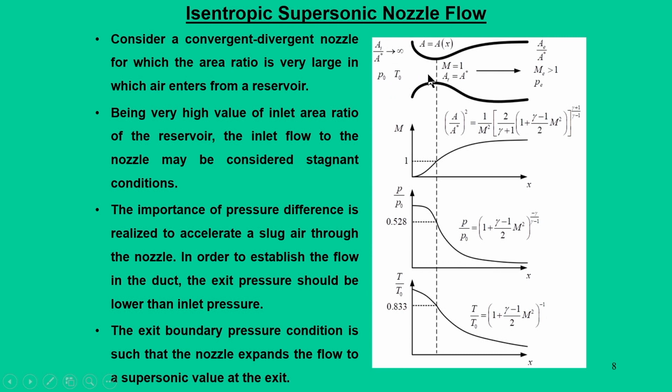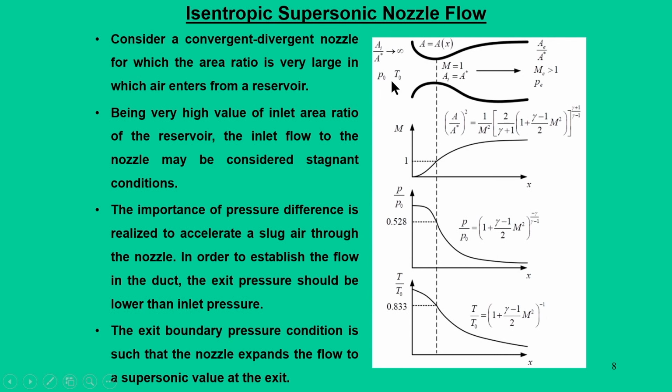For the flow to enter, there must be an adequate pressure difference, so we maintain an exit pressure P e so that there is adequate flow into this nozzle. And here we are looking for a solution in which the flow in the nozzle is supersonic.